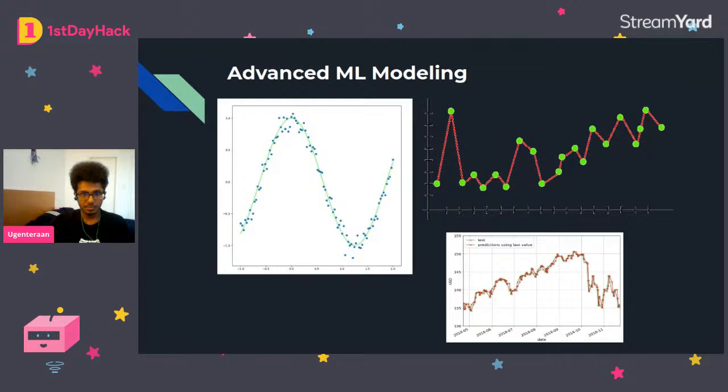Other stuff may be about predicting stock market price. As you can probably see in this bottom right picture here, that looks more like a stock market trading graph. There are machine learning models that can predict the stock market price, and actually there are people who are making money out of it. They use some advanced ML models.